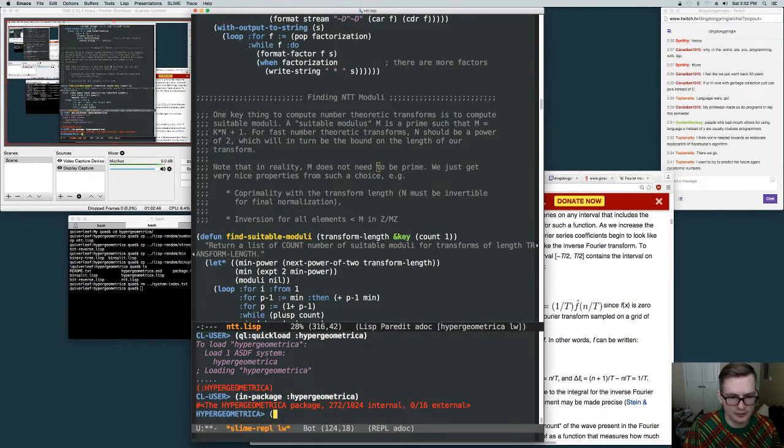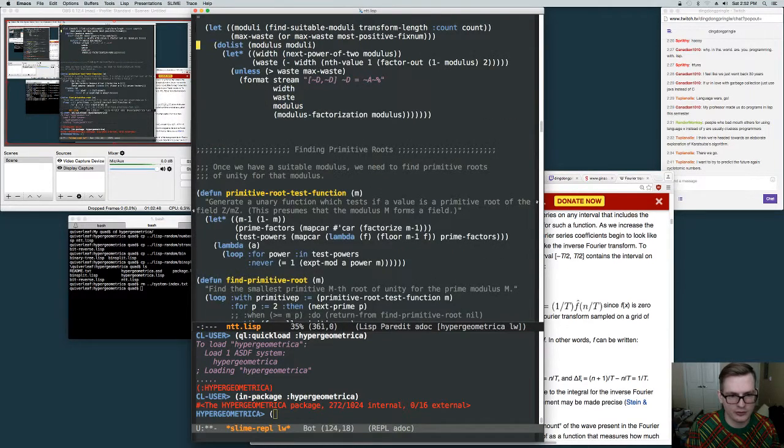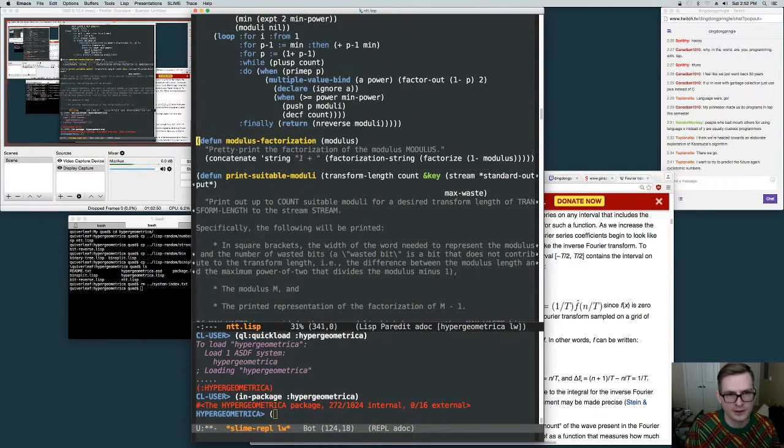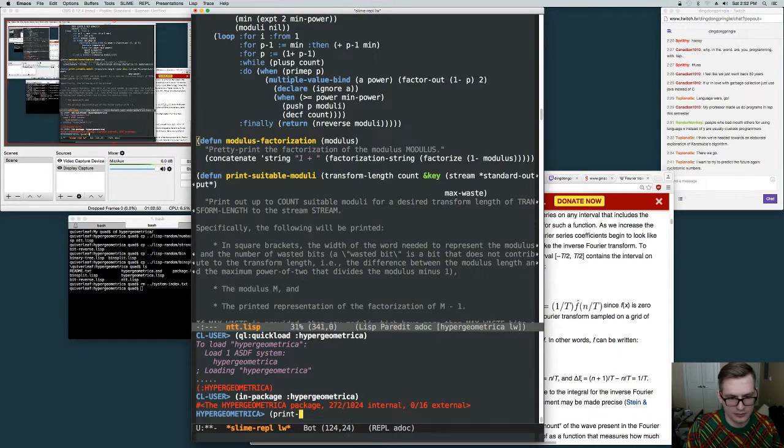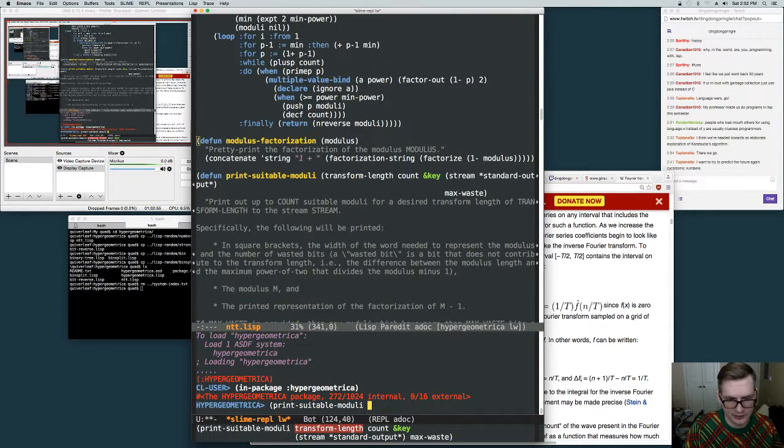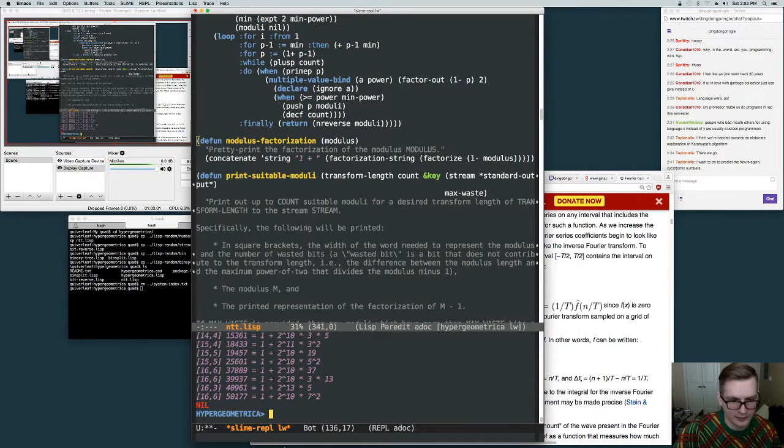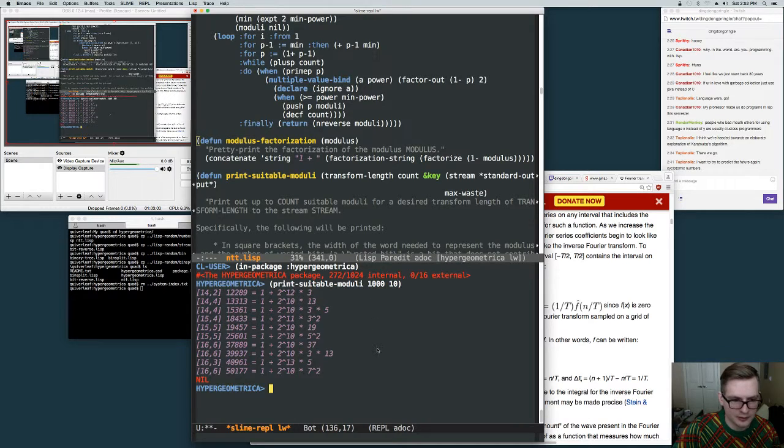So if I go into Hypergeometrica, let's try print suitable moduli. Let's do a transform length of 1,000, and let's try finding 10 things if possible. So here we get 10 possible things. I'll make this a little bigger. This column right here is the modulus. Following that is the factorization.